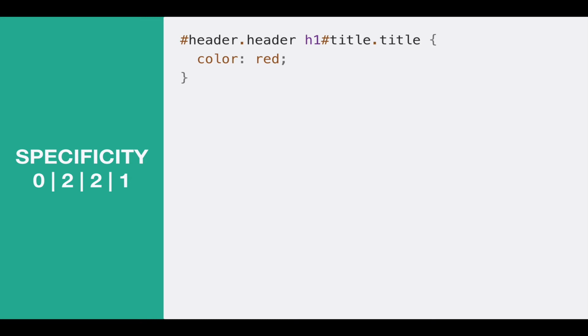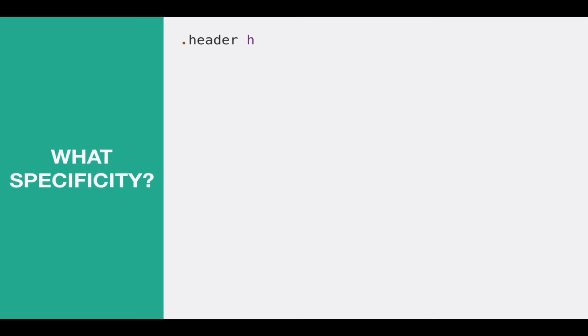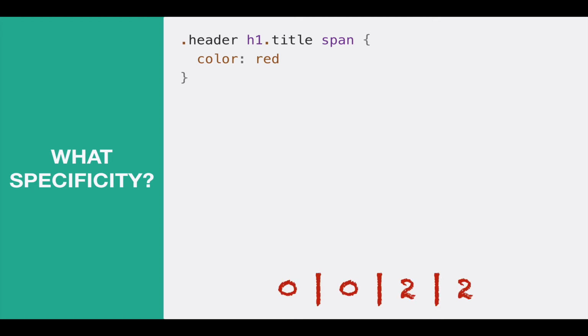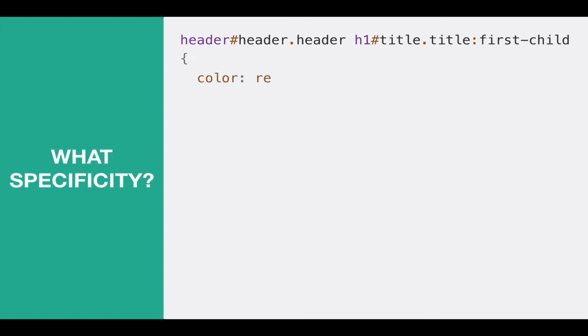We have 2 classes, the header class and the title class, and then we have the H1. So 221. Okay, what would be the specificity for this one? Two, right? So 2 classes and 2 tags. How about this one? These are ridiculous. Don't write anything like that.